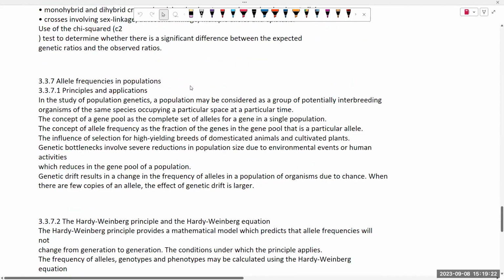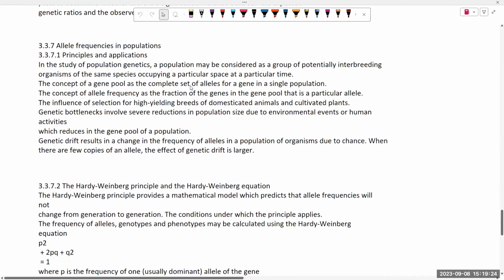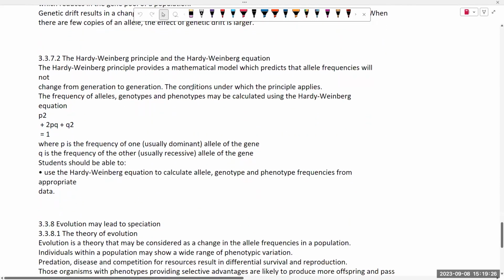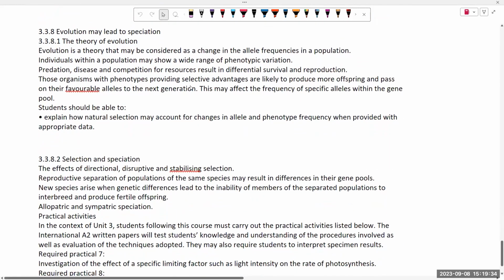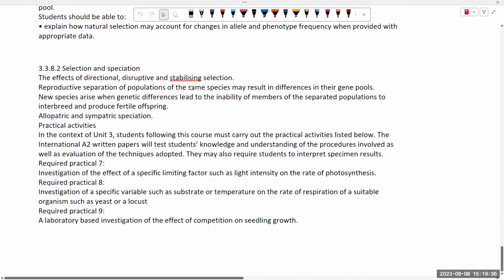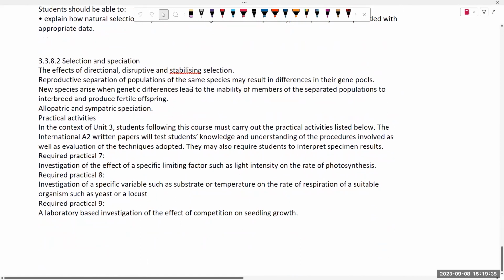Then we will go to alleles and inheritance, and we will learn some statistical tests and the Hardy-Weinberg principle, which is also a few calculations we have to learn, and it's very repetitive, by the way. There are no such challenging questions in this part as well. You got my point?